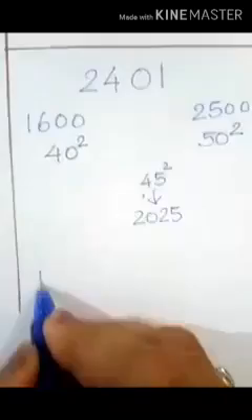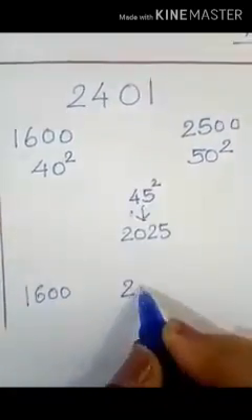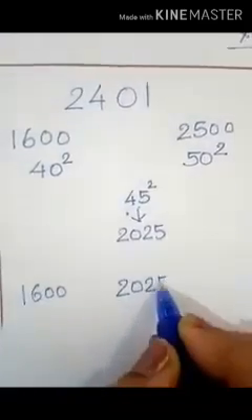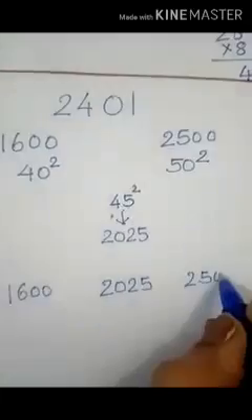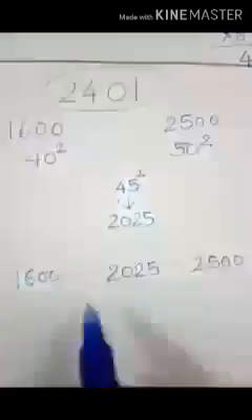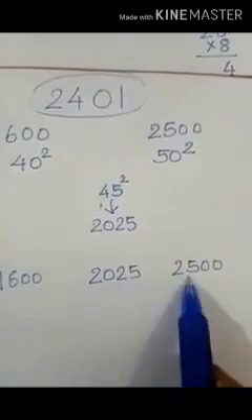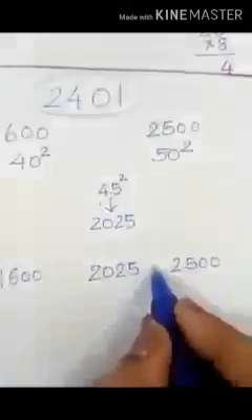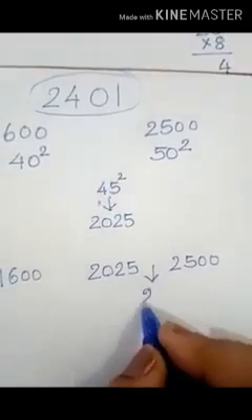Let me write, I got 3 numbers, 1600, 2025 and 2500. These 3 perfect squares I have. Now where does my number lie? In between which two? Does it lie in between these two or does it lie in between these two? Yes, it is greater than 2025. So my number lies in between these two.